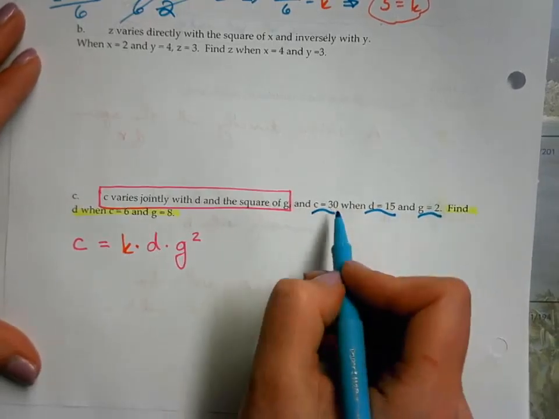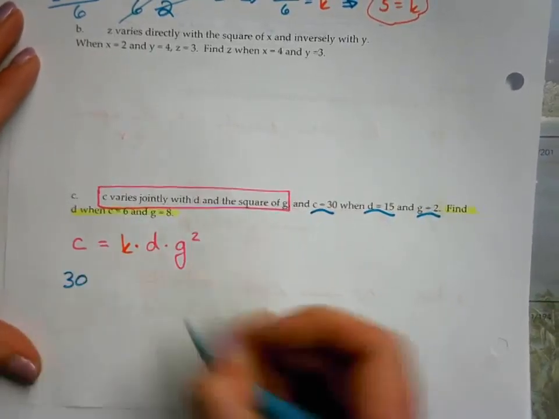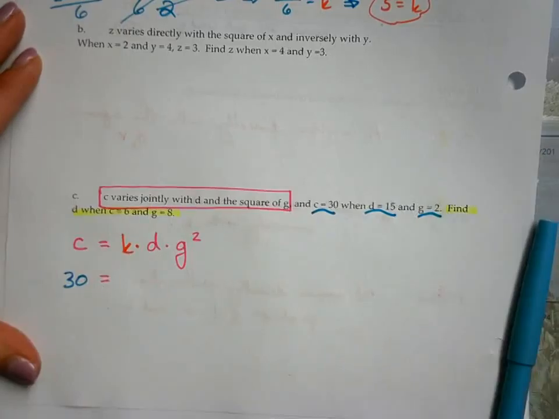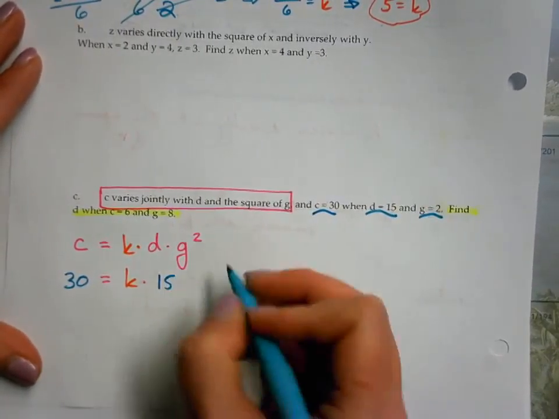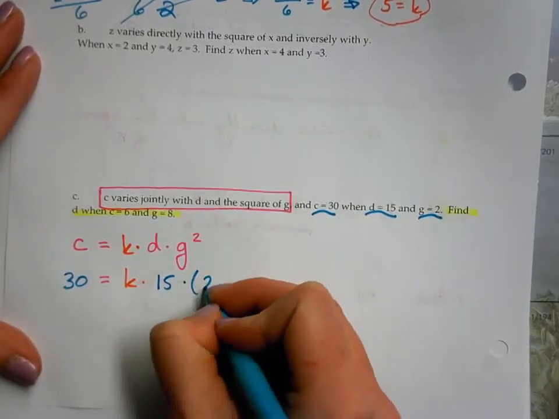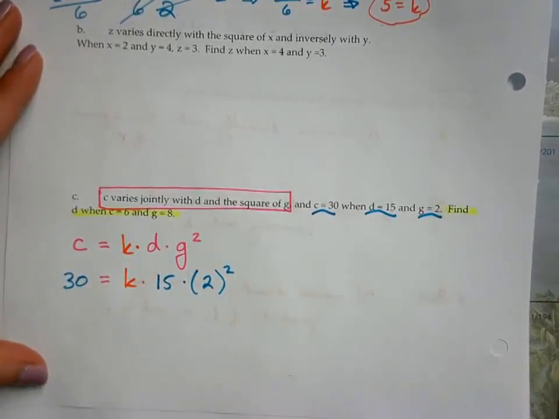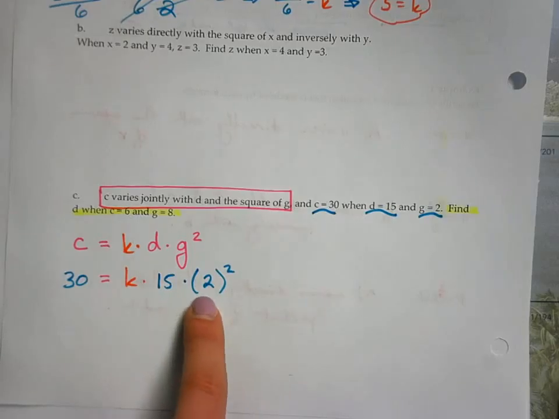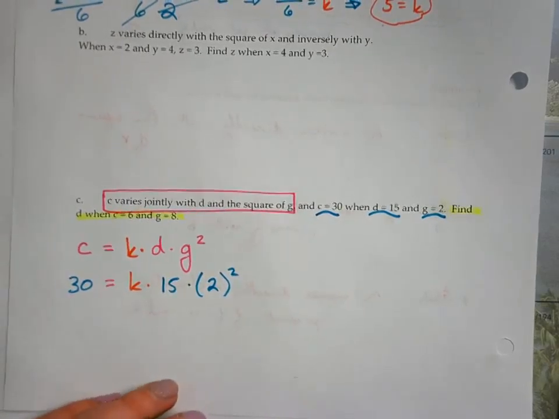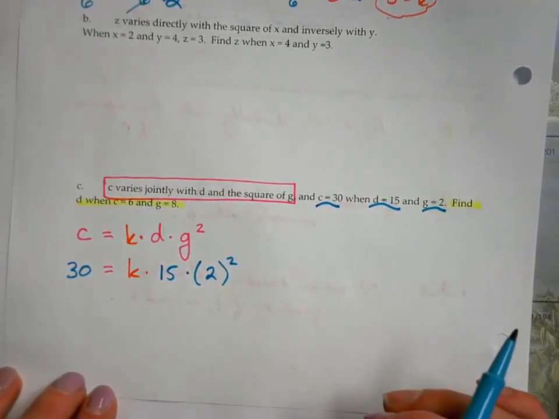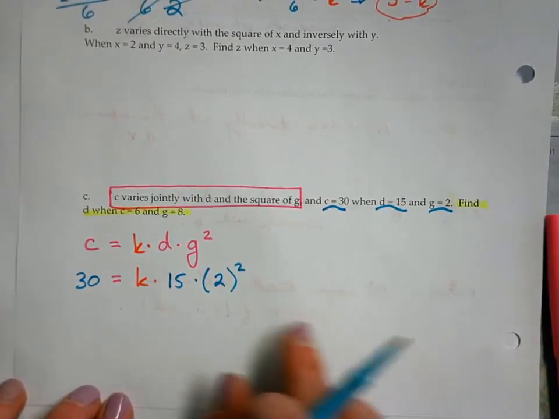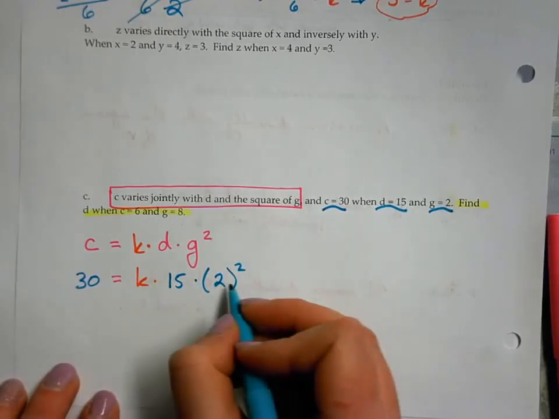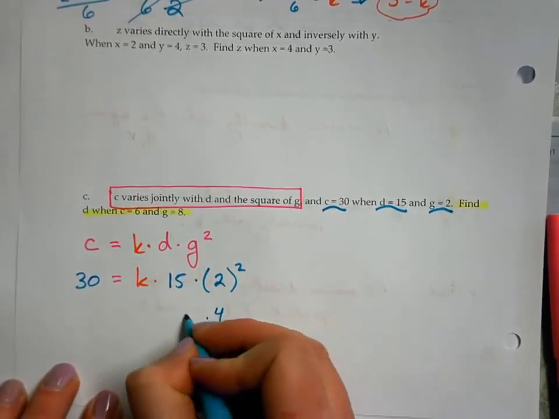We'll plug in the values they give us, so we'll plug in 30 for C. D, 15, and then G, make sure you put a 2 with a squared for that one. So using our PEMDAS here, we'll have 2 squared, that's 4.